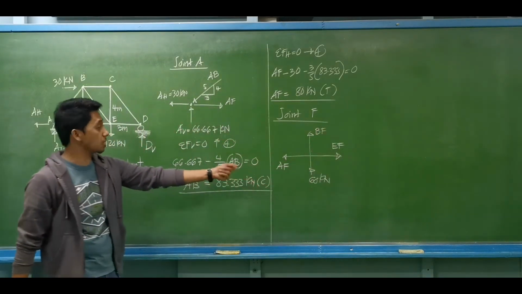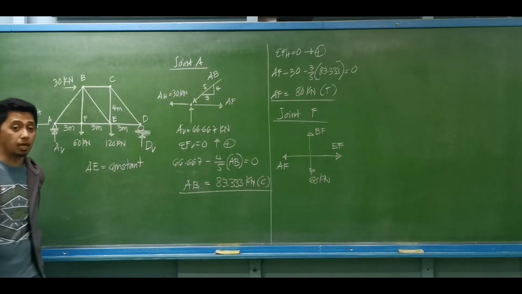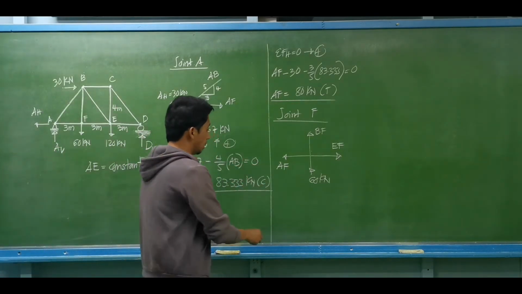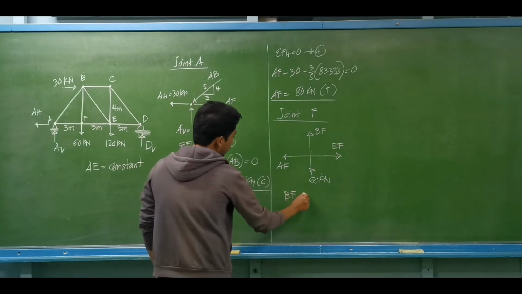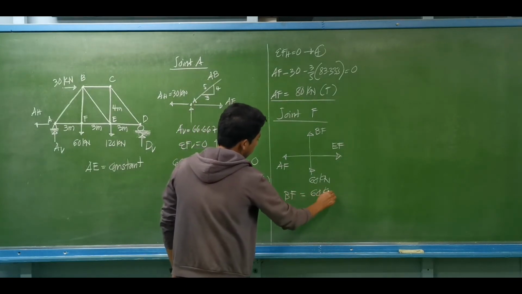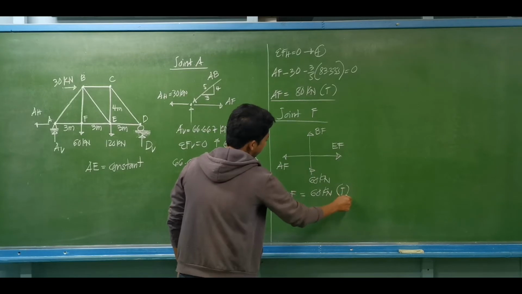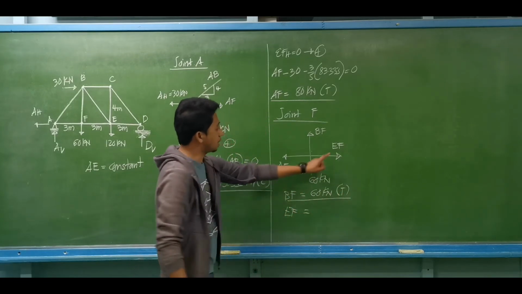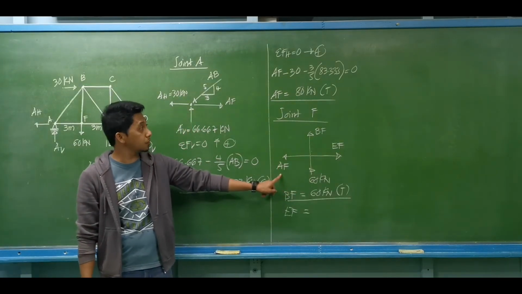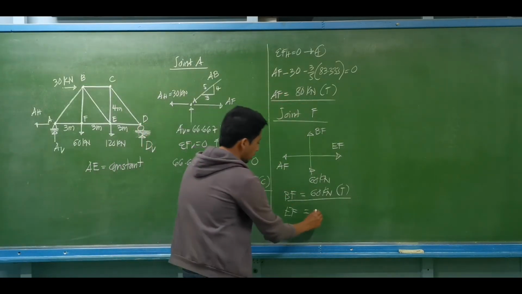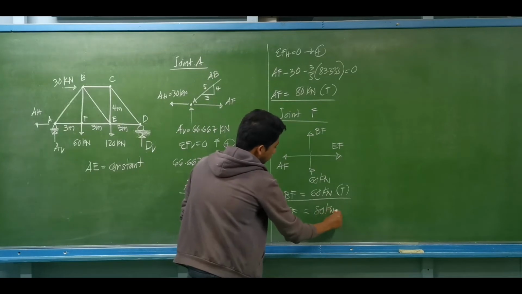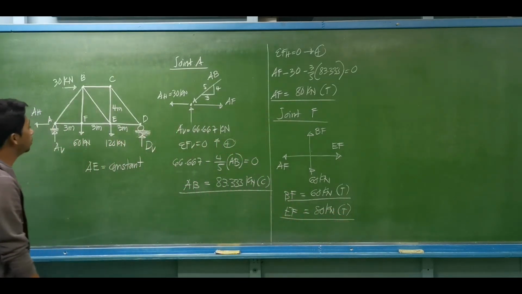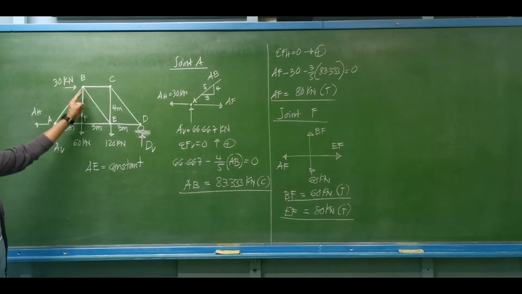So as you can see, forces at joint F will be collinear, and if two forces are collinear, they are equal. So the axial force for member BF will be obviously equal to 60 kilonewtons, and this is obviously under tension. And the axial force for member EF should be equal to AF. And what is the axial force for member AF? That is 80 kilonewtons, also under tension. Okay, then we will proceed to joint B.